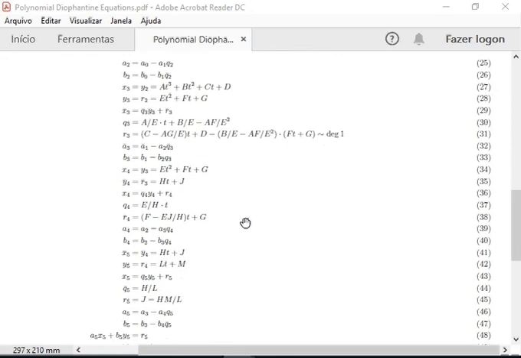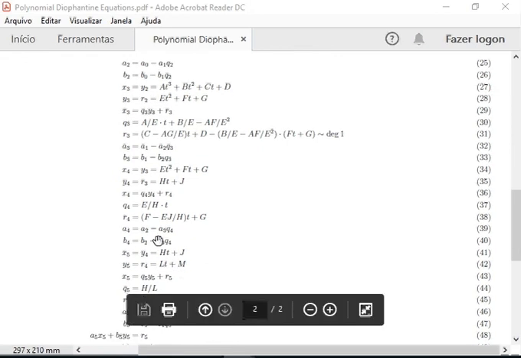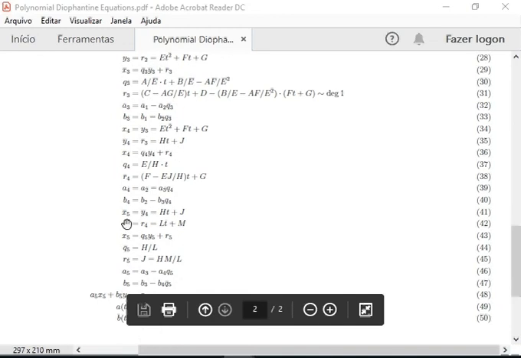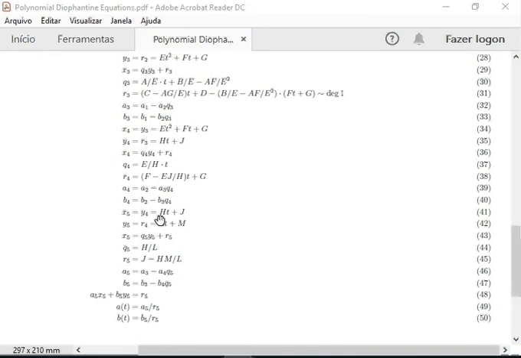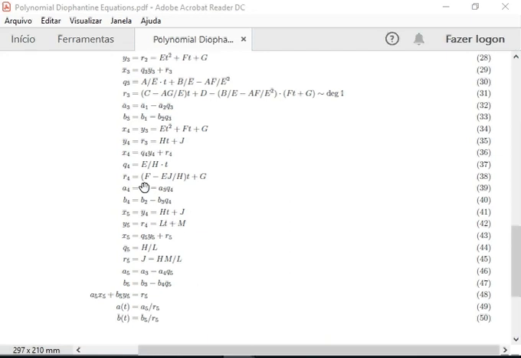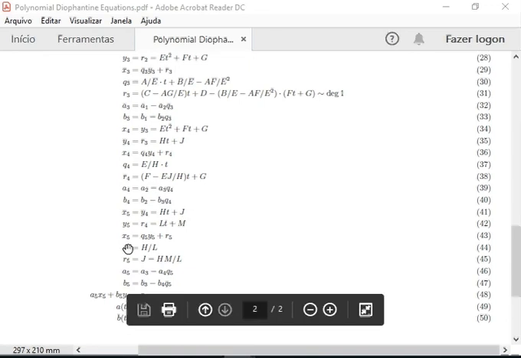Now a4 is a2 minus a3 times q4. b4 is b2 minus b3 times q4. Who is x5? It is y4, equals Ht plus J, as we already know. Who is y5? It is r4, summarizing J equals M and L equals F minus EJ over H. Who is x5 divided by y5?